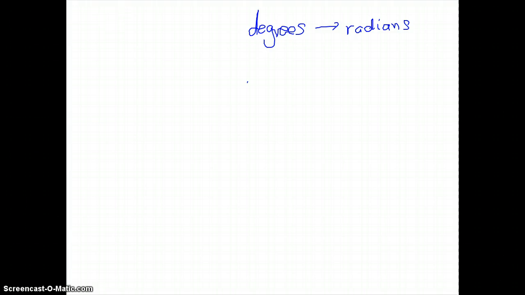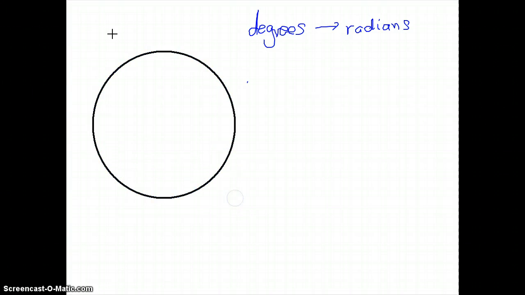Okay, so if you have a circle, and here's the center, and I have a radius here, and a radius here, and I'm going to call this S. This is the distance of an arc that's in between these two radiuses. And of course I have an angle theta here.